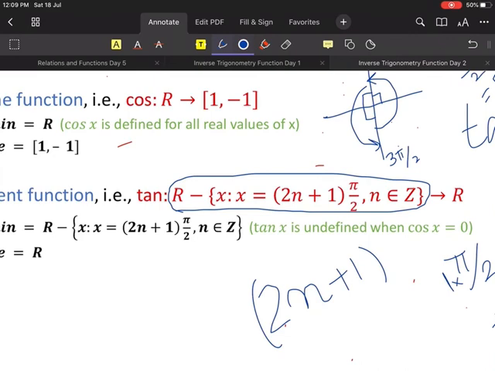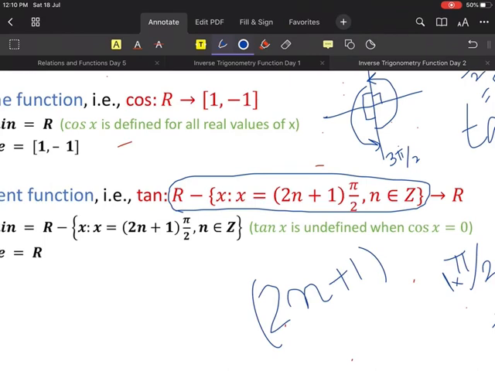So now you will understand this domain. The domain says R minus. R means what? All the real numbers. Minus means what? I am subtracting those values of x which make the function undefined. Which values of x make the function undefined? The values of x which make cos x 0.